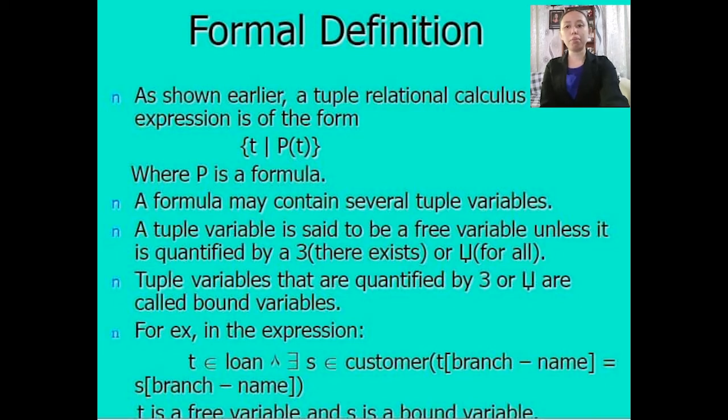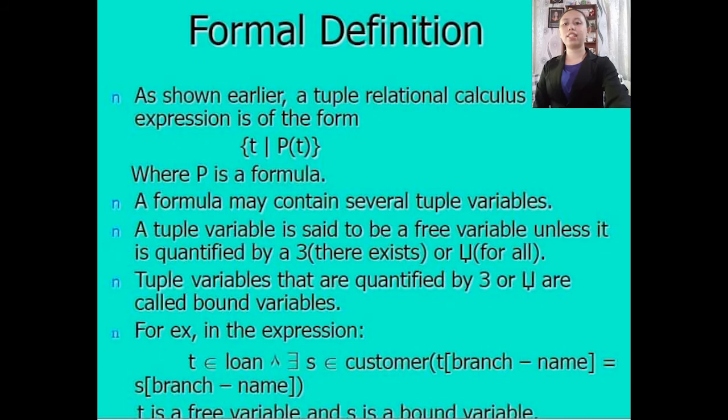A tuple variable is said to be free unless it is quantified by a there exists, or this kind of symbol which means for all. Tuple variables that are quantified by there exists or this symbol are called bound variables.